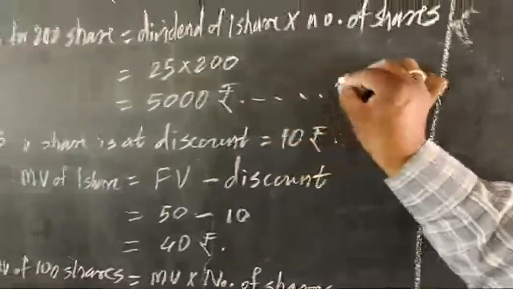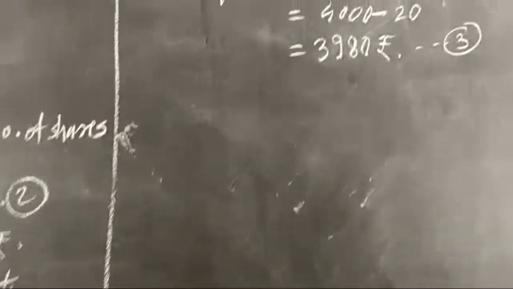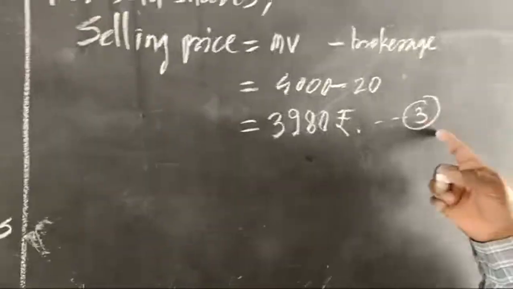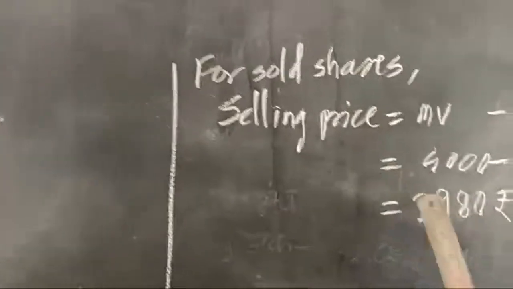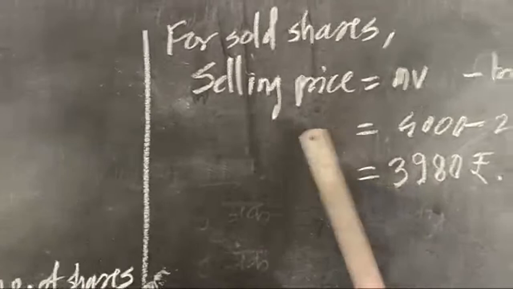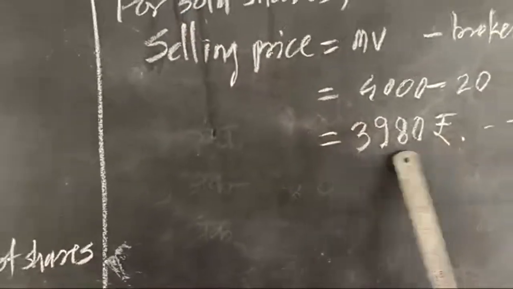An equation to present here. This is equation 2. This is equation 3. 100 shares sold. After selling, he gets the price 3,980.